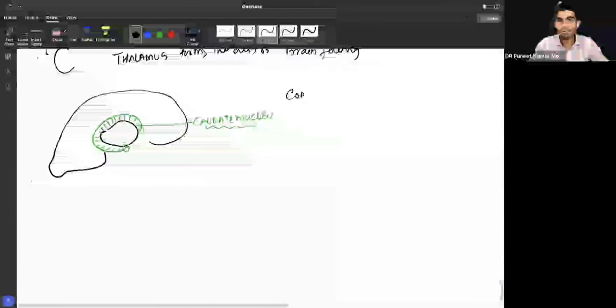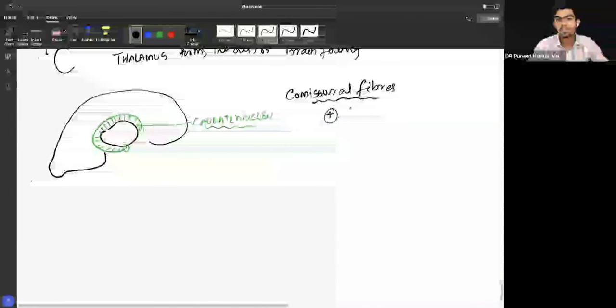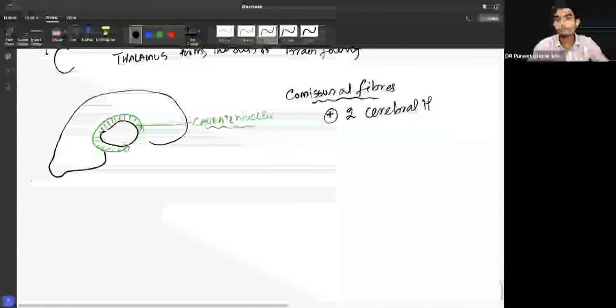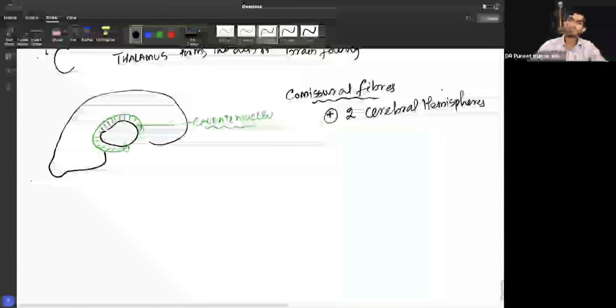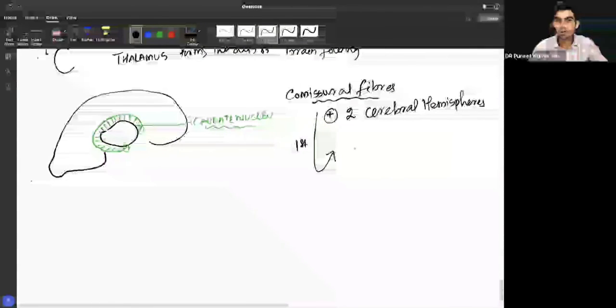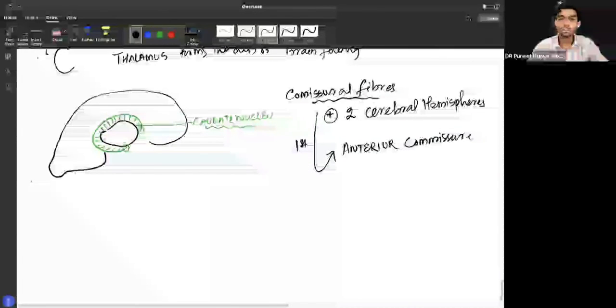The first commissural fiber to develop is the anterior commissure.